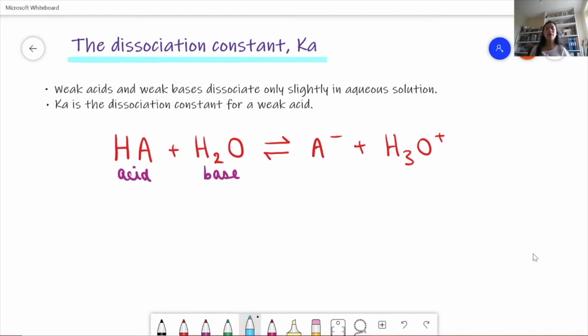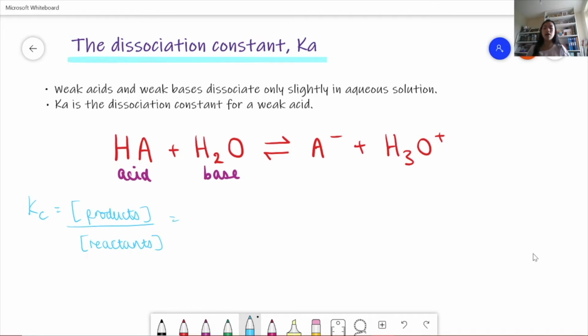Now thinking about equilibrium constants, we can find the Kc of this equilibrium. And we have that Kc is equal to the concentration of the products at equilibrium divided by the concentration of the reactants at equilibrium.